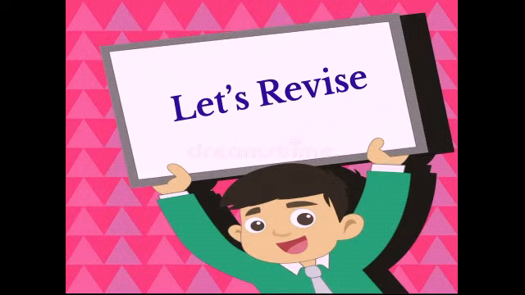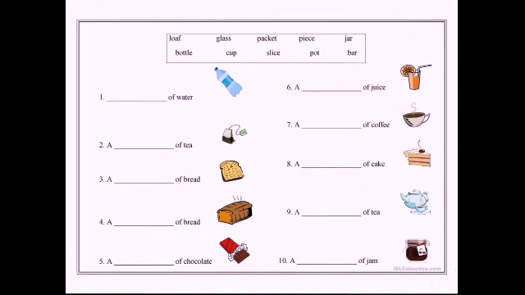Now, let's revise. See this? Can you answer these questions? What is the first one? Dash of water. You can see the picture and tell the answer. I have given you clues in the box as well.